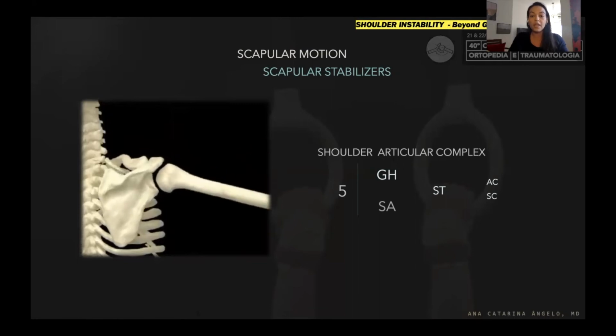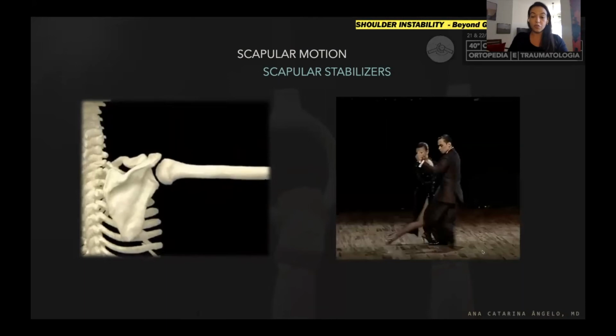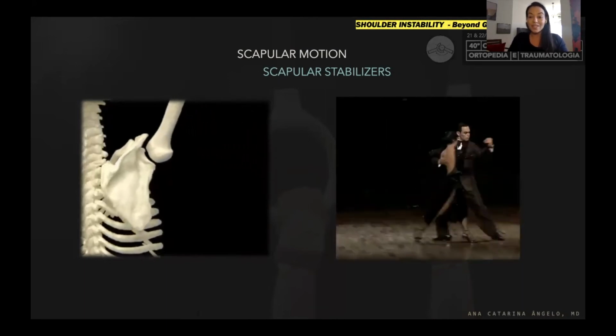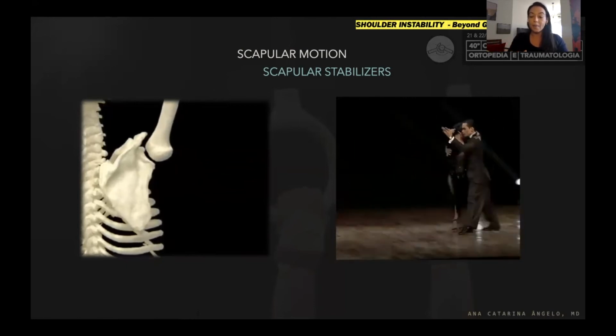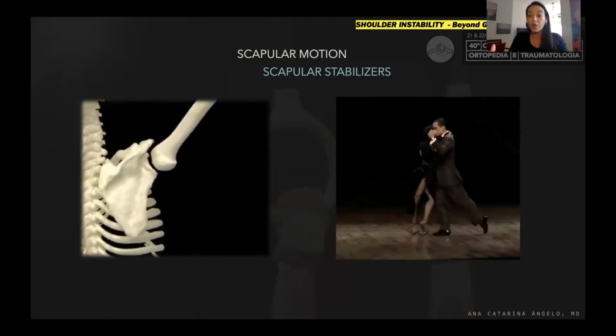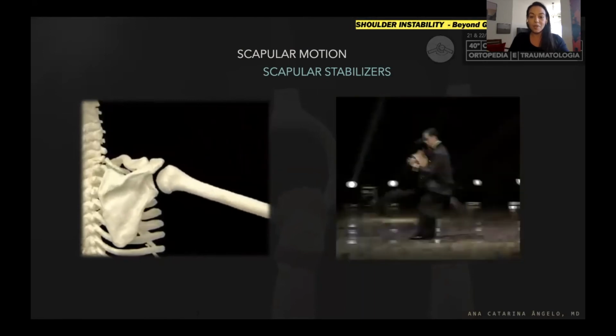So usually I compare the shoulder girdle movement with an Argentinian tango, because as you can see here, they need to move not only by themselves, but towards one another in a harmonious, coordinated, unimpinged movement and dance.